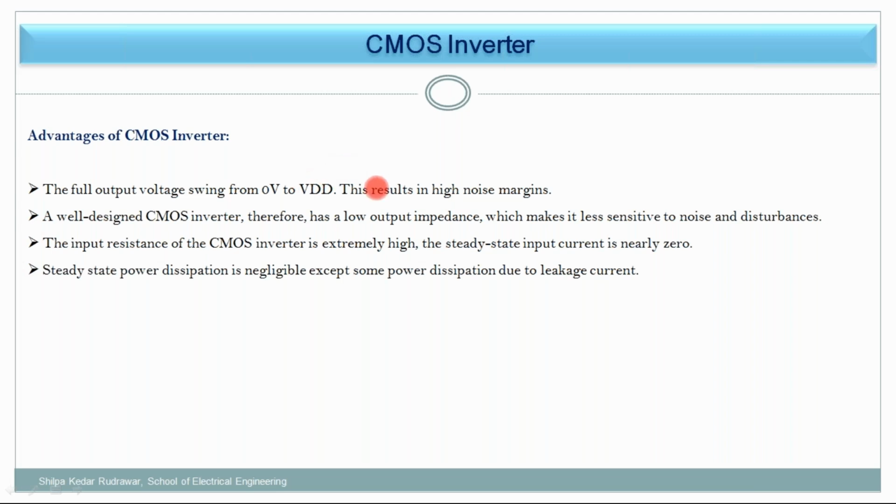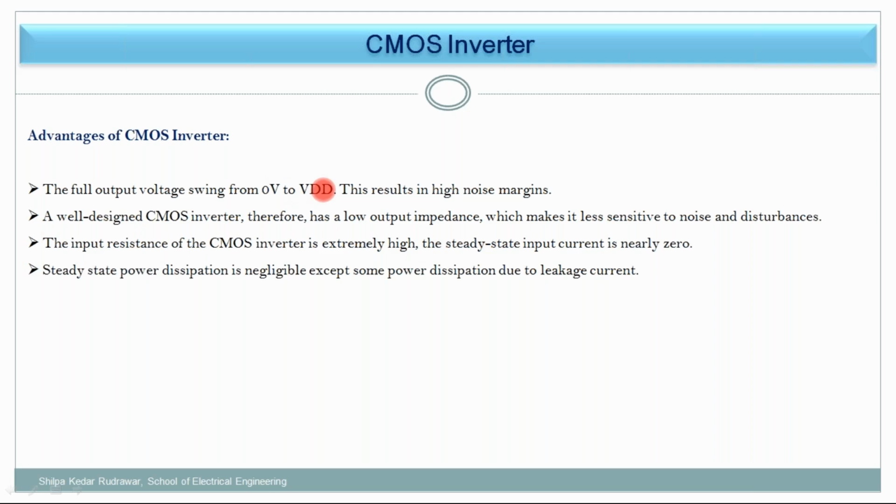This is because you know that PMOS passes a strong 1 and NMOS passes a strong 0, and that's why we are getting maximum swing at the output. It also results in a high noise margin, meaning allowable noise. You will see this in the coming lectures; in the next lecture we have planned noise margin only. So this is the main advantage, that you are getting maximum voltage swing.